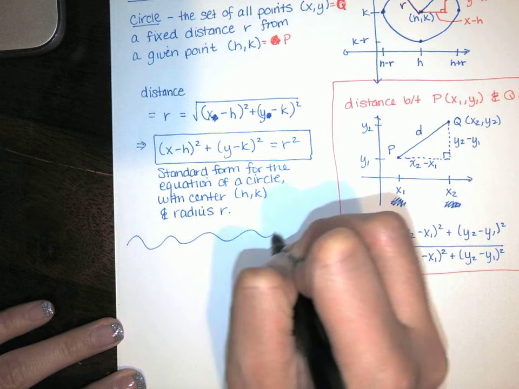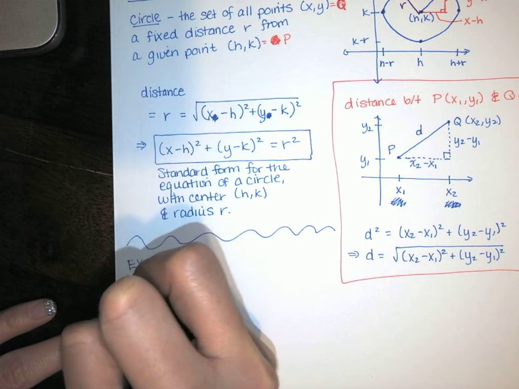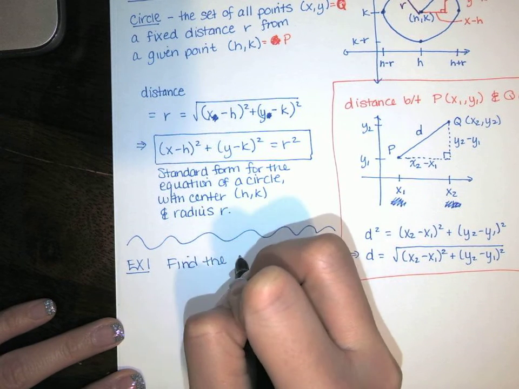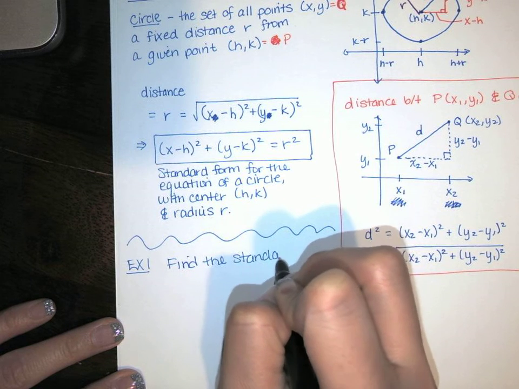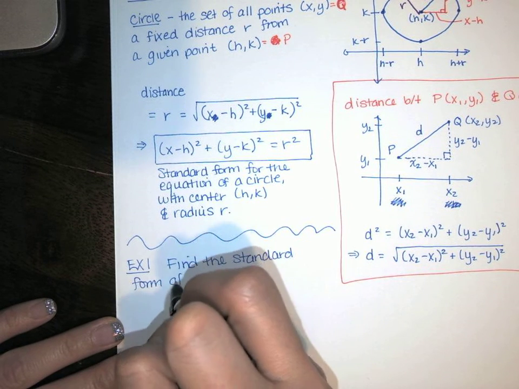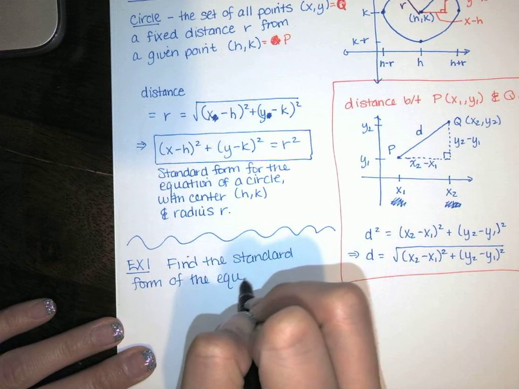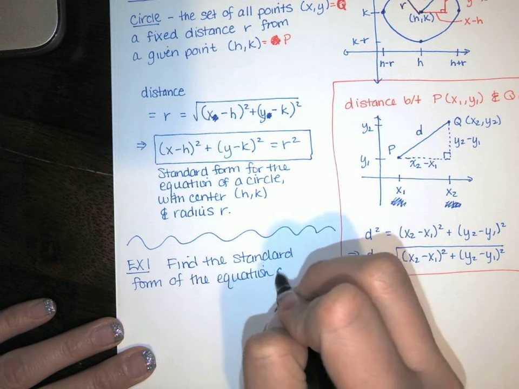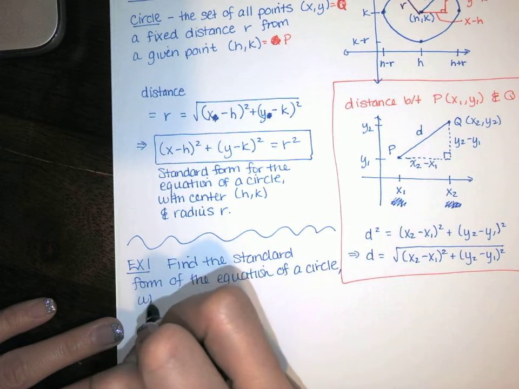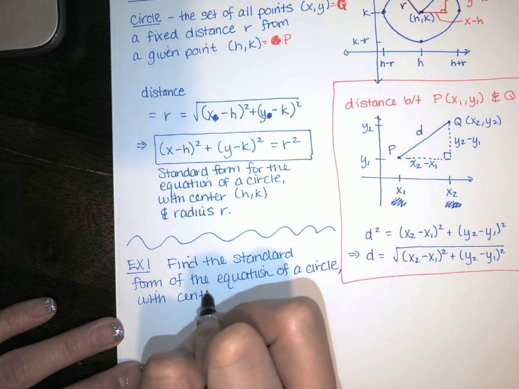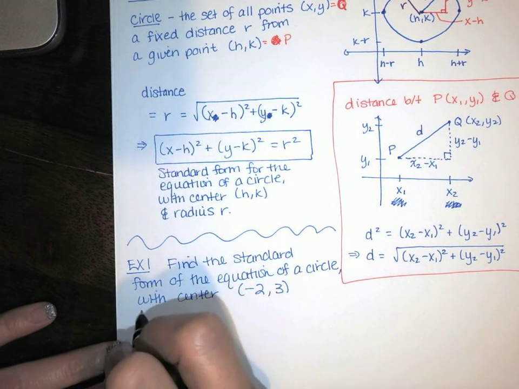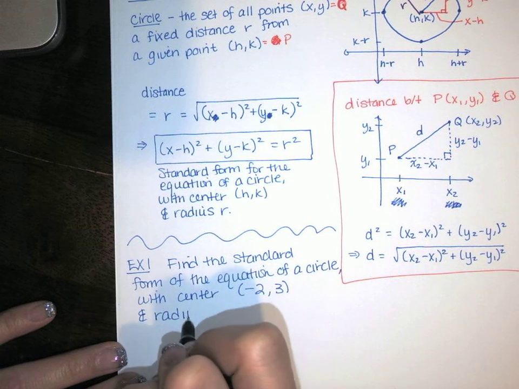Let's say you're asked to find the standard form of the equation of a circle with a center at -2, 3 and radius 4.